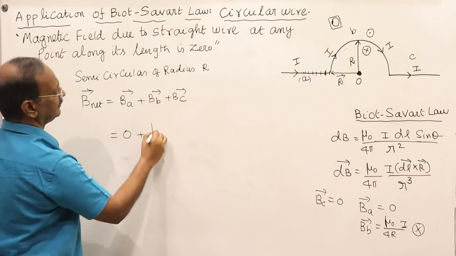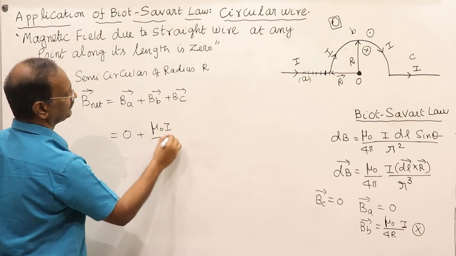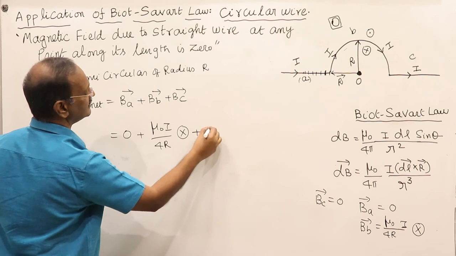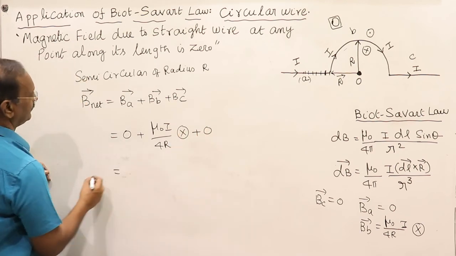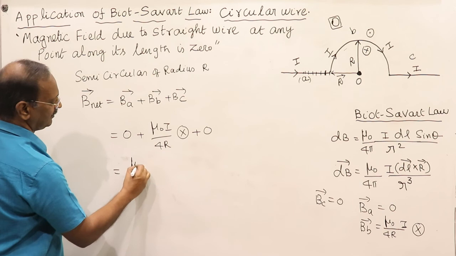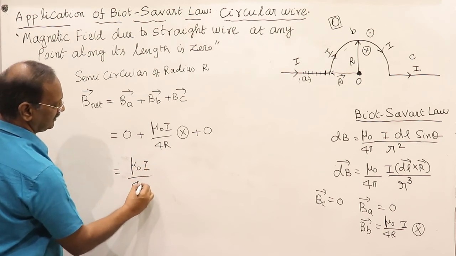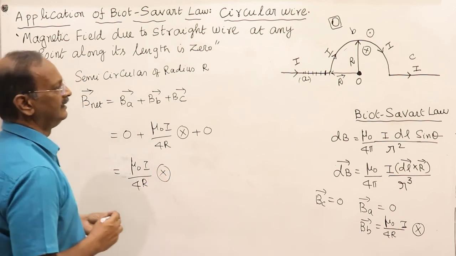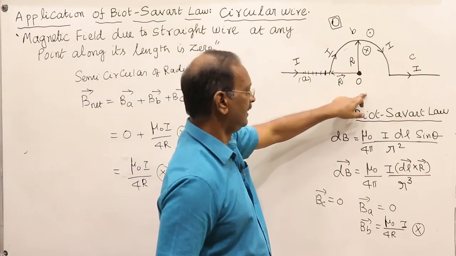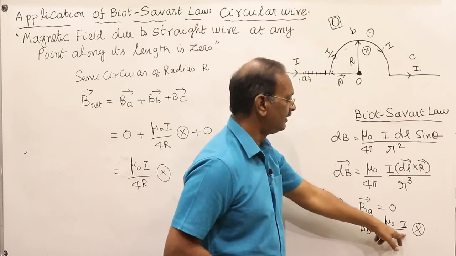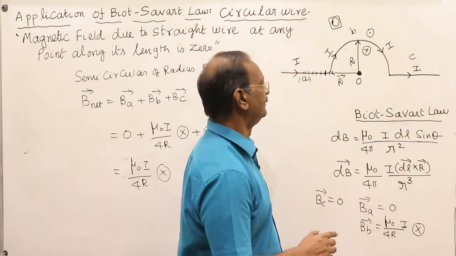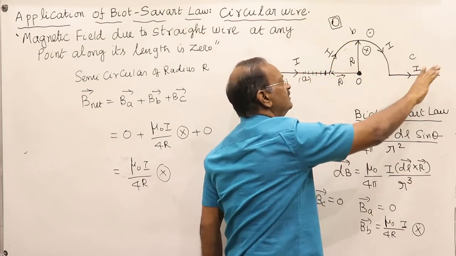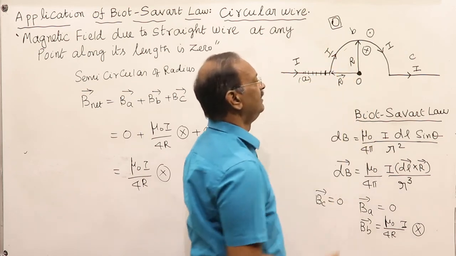BB is equal to mu naught I by 4R into the plane of the paper, plus 0. This is the vector form. Therefore, B naught is equal to mu naught I by 4R, and it is into the plane. That is, the magnetic field at this point is mu naught I by 4R in magnitude, and the magnetic field produced due to the entire element is into the plane of the board.